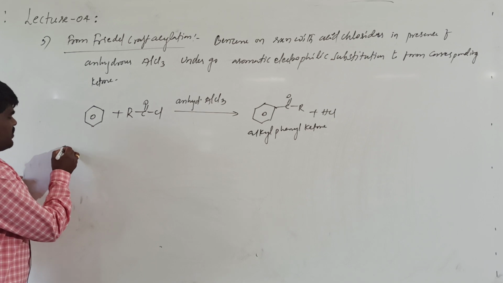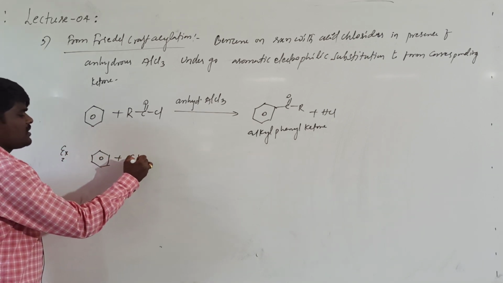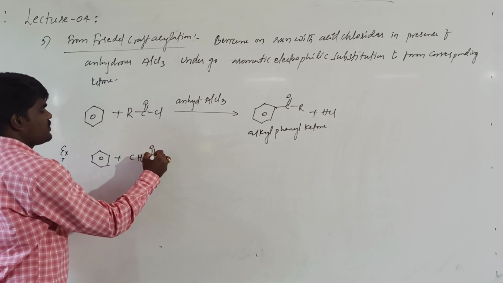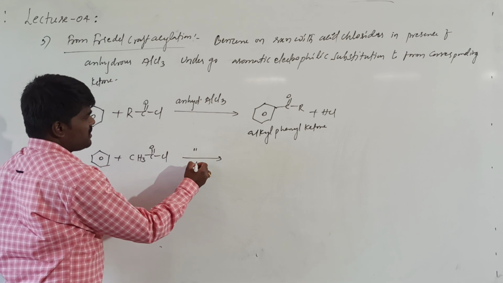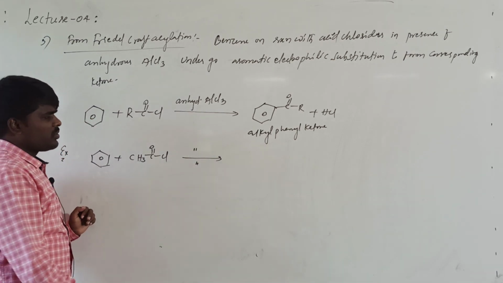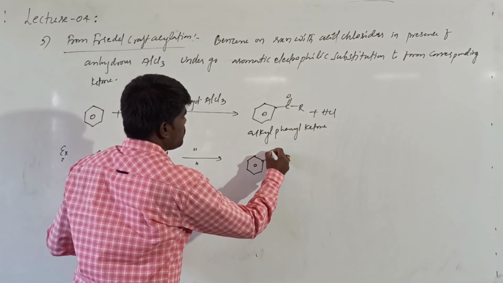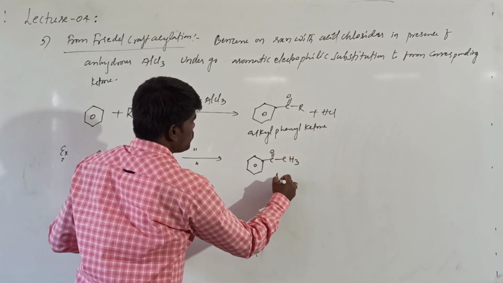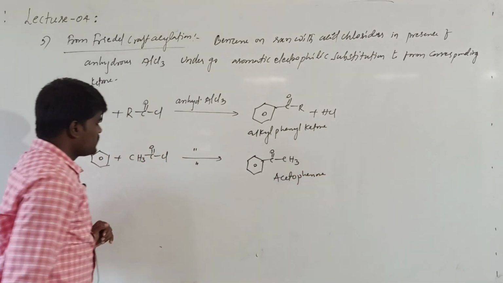For example, if you treat benzene with acetyl chloride, in presence of anhydrous aluminum chloride, what you will get here? You will get acetophenone.